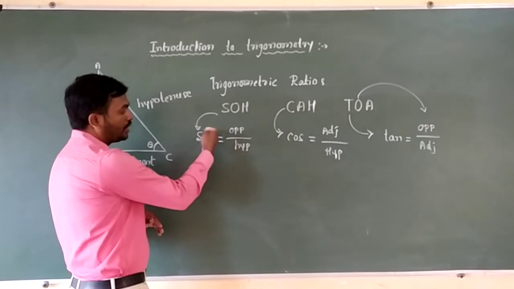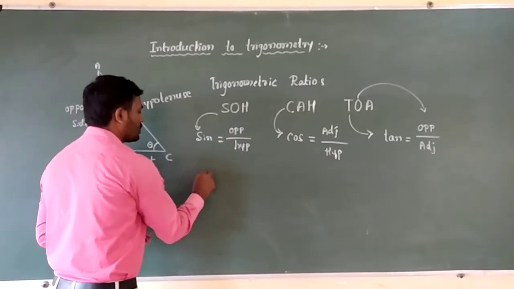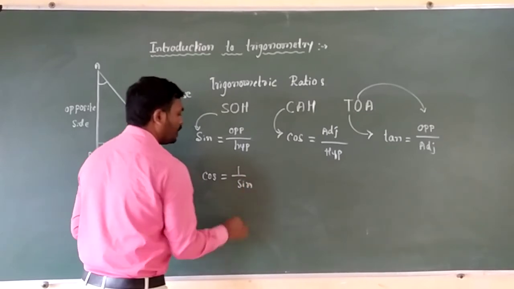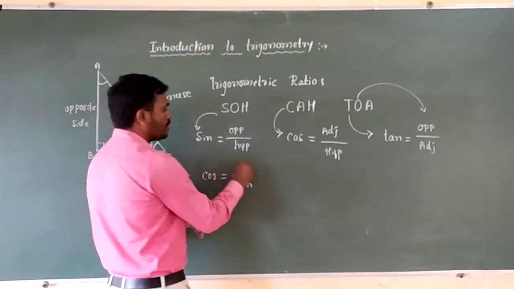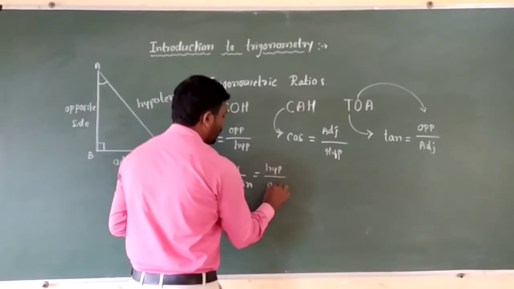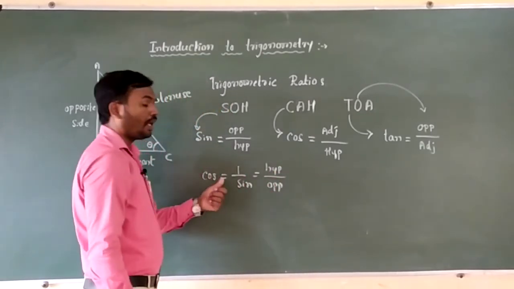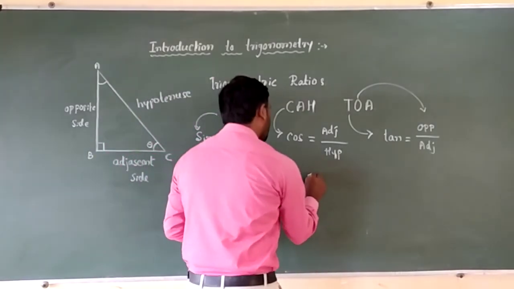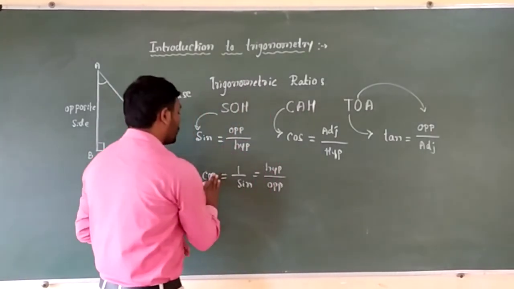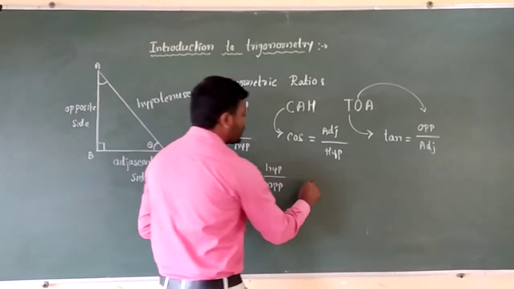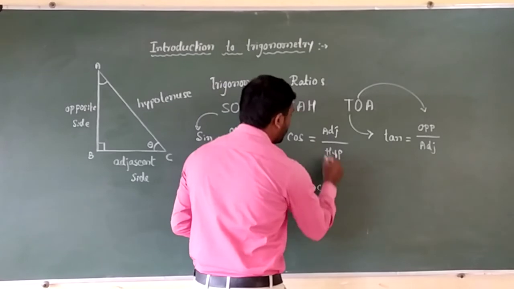If you take the reciprocal of sine, it is cosec. So cosec is 1 by sine. It becomes hypotenuse divided by opposite. Take the reciprocal of cos, then it becomes sec. Sec is 1 by cos.